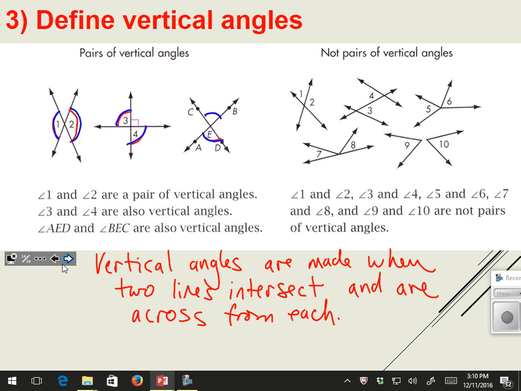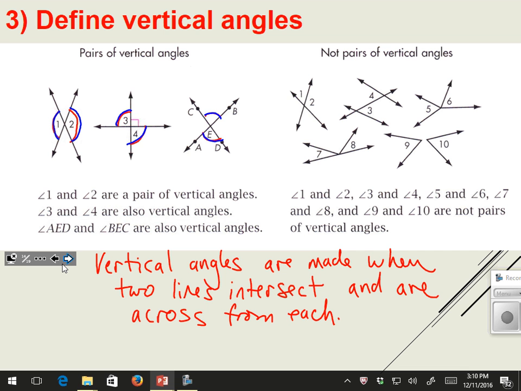What would you say is the relationship between angles 1 and 2? Well, angles 1 and 2 on the left-hand side, I think they're the same. So, what's a word in geometry that means the same? That word is congruent. Congruent means equal measure or the same.